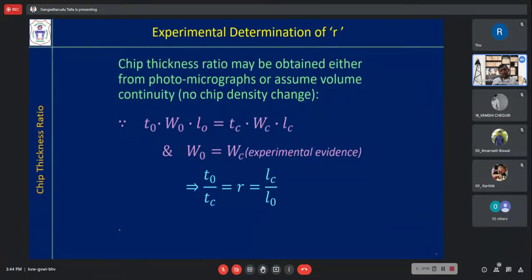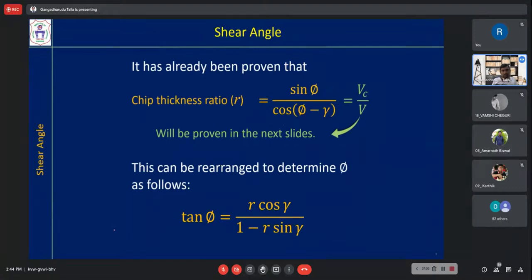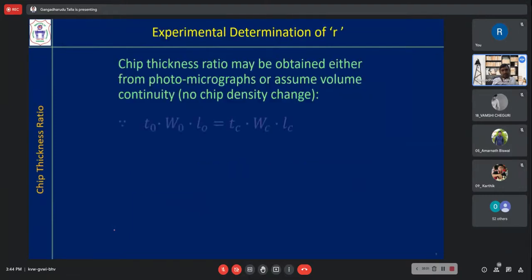Now once you find the R, you can easily find phi. Because tan phi is equal to that equation we have seen: R cos gamma by 1 minus R sin gamma.